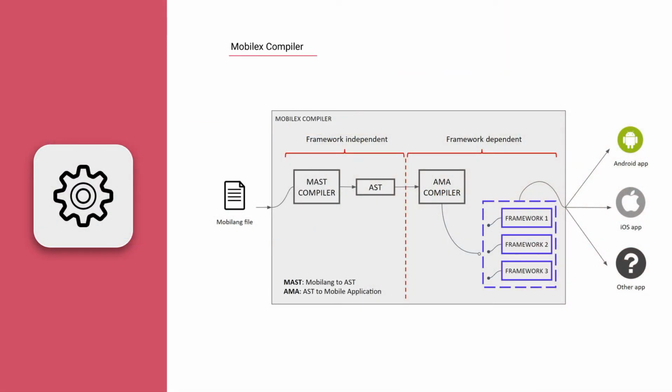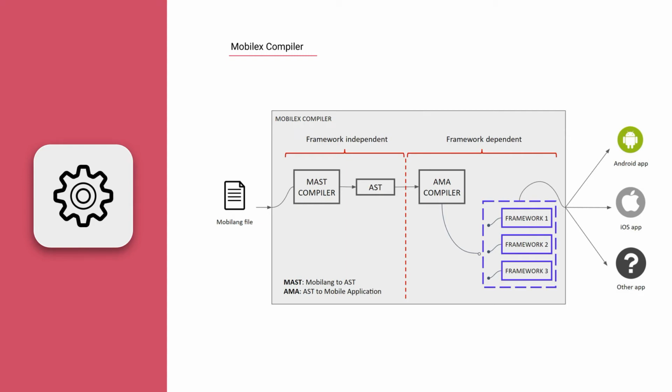The Mobilex compiler transforms a Mobilex file into mobile applications. Its structure is composed of two parts, the first being framework independent and the second framework dependent. In the framework independent module, the MAST compiler is responsible for generating the AST from the Mobilex file.